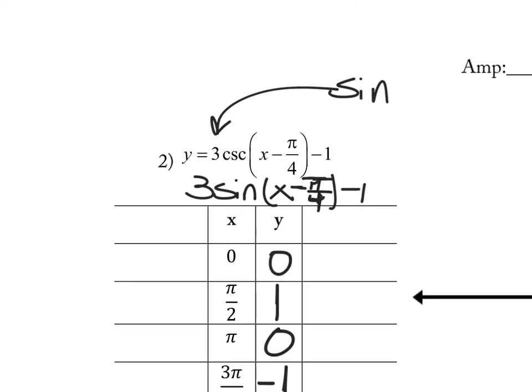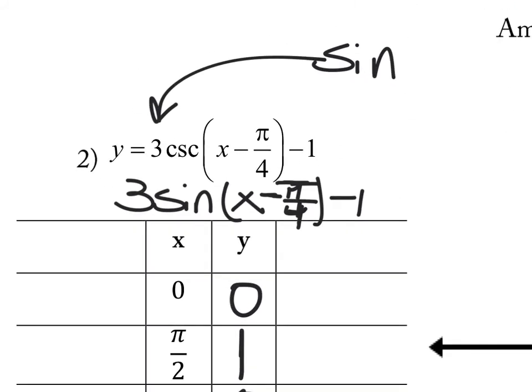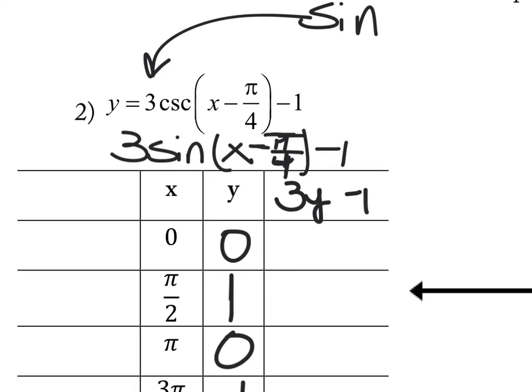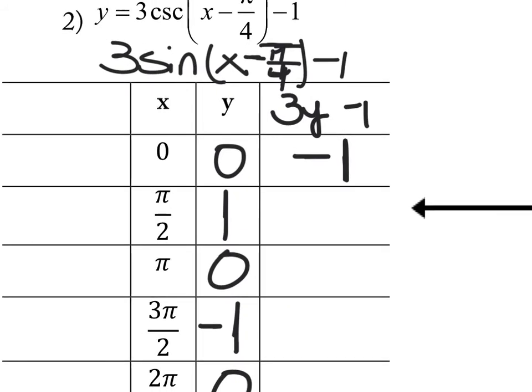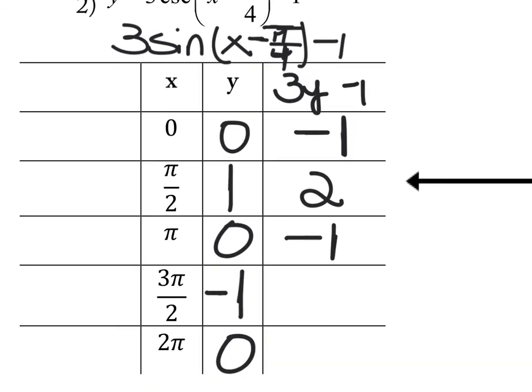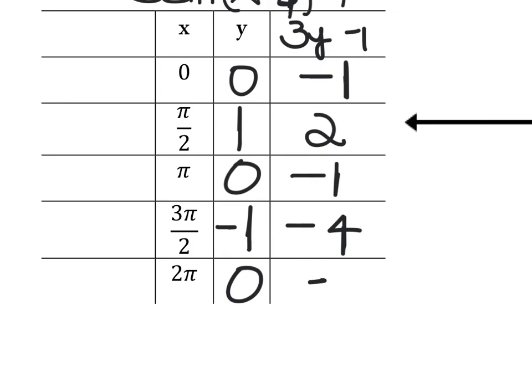Let's do the y's first. So we got 3y and -1. So 0 minus 1 is -1. The new center line is moving down to -1, and that's important here. This one gives me 3 times 1 is 3 minus 1 would be 2. Back to -1. -1 times 3 is -3 minus 1 is -4. And then again back to -1.